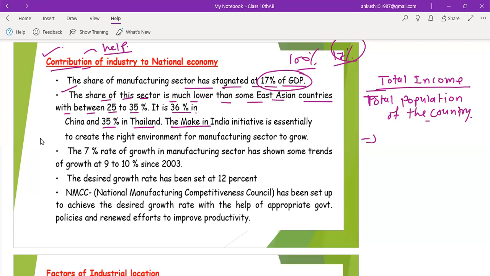The Make in India initiative, you might have heard this. The Make in India means the products must be used which are made in India. Okay, this was the initiative taken by the government. Nowadays also, it is very essential to create the right environment for manufacturing sector to grow in our own country, as most of the things we purchase which belong to other countries, you might have seen most of the things which you order through Amazon or Flipkart and others.